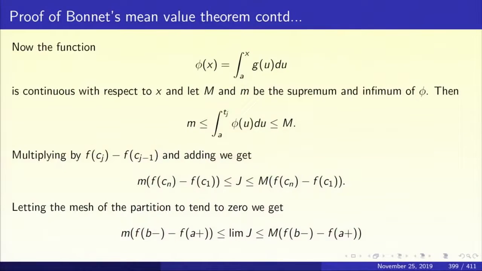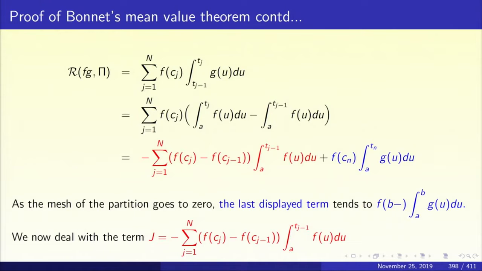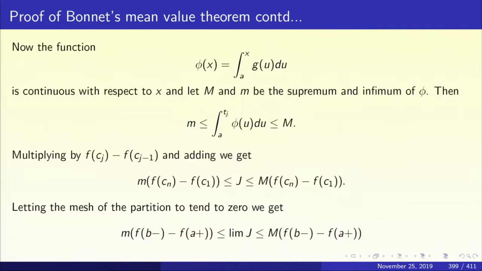Here we are crucially using the monotonicity of f. So, we multiply by f(c_{j−1}) and we keep adding. We get m times (f(c_n) − f(c_1)) less than or equal to J, what is J? J is this piece that is in red, and less than or equal to capital M times (f(c_n) − f(c_1)).